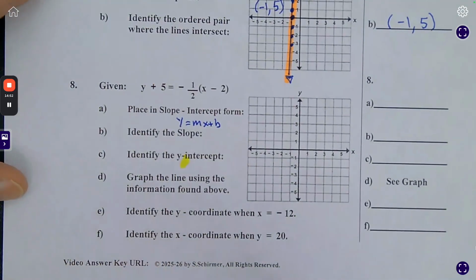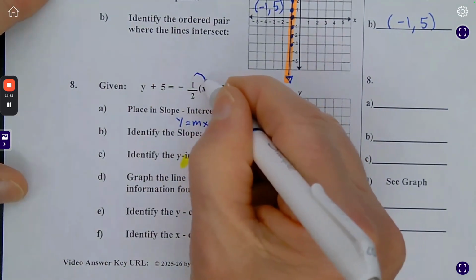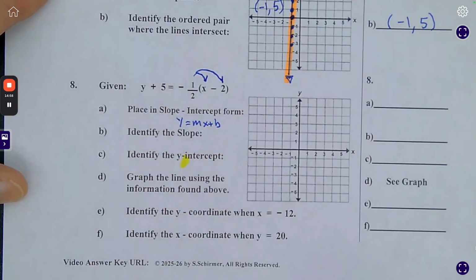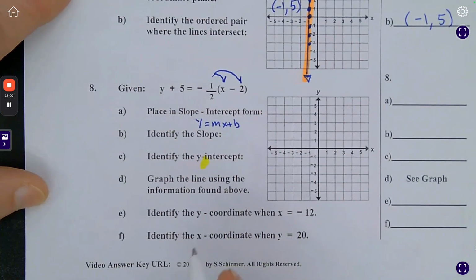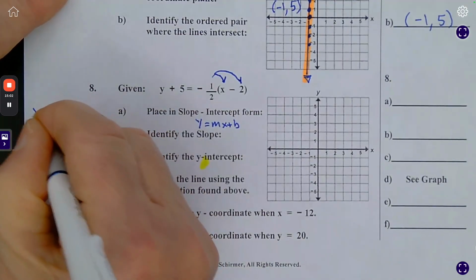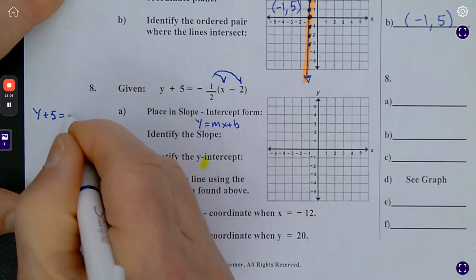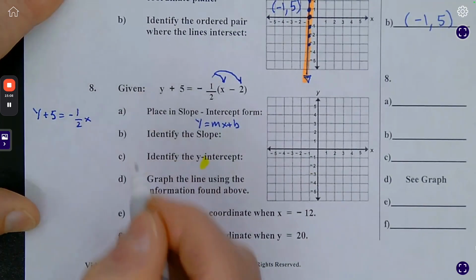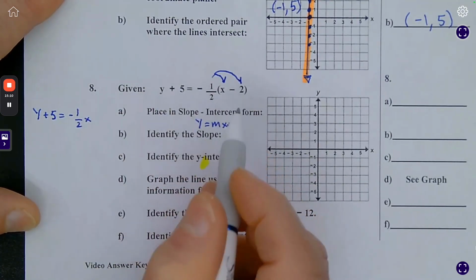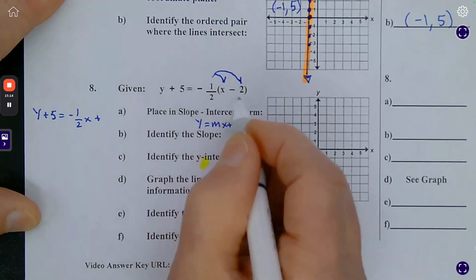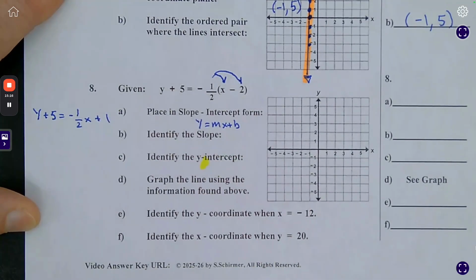Okay, so what's the first thing I need to do? First thing I need to do is go to the right-hand side and get rid of all of my distribution. So I'm going to write y plus 5 equals negative 1/2 times x is negative 1/2 x. Negative 1/2 times negative 2. Negative times a negative is a positive, and half of 2 is 1. Okay, that wasn't bad.